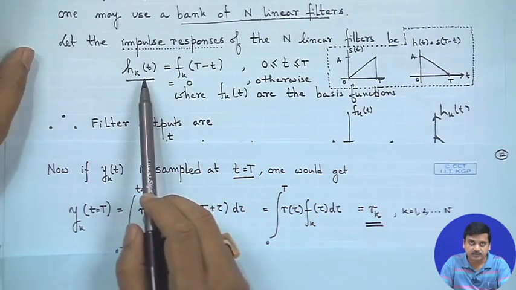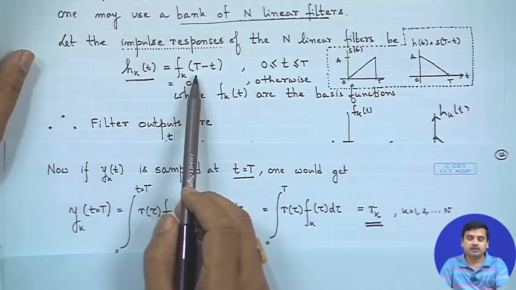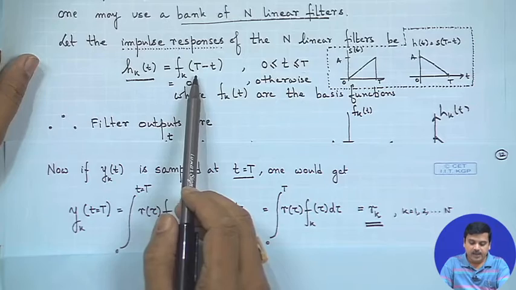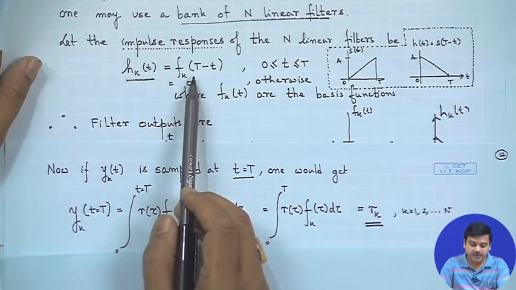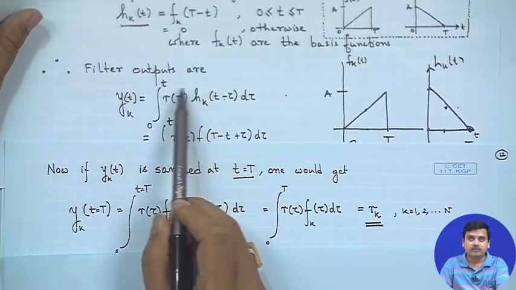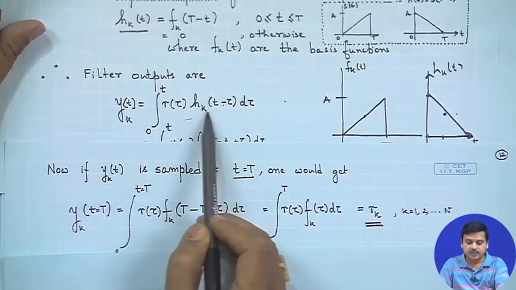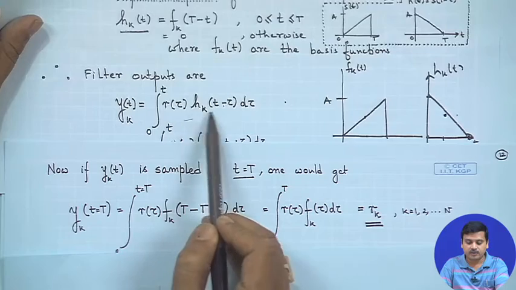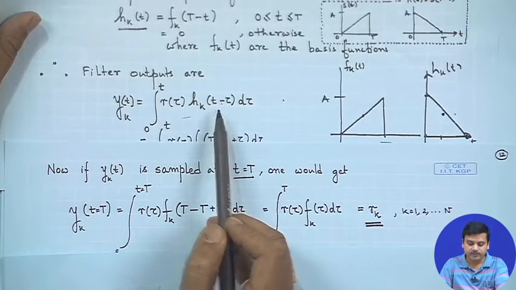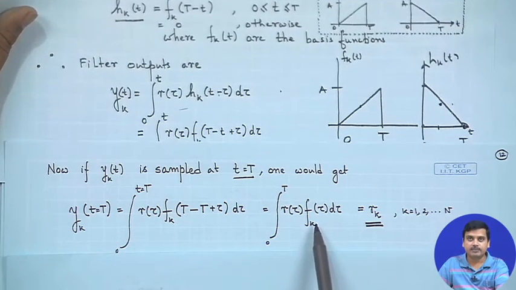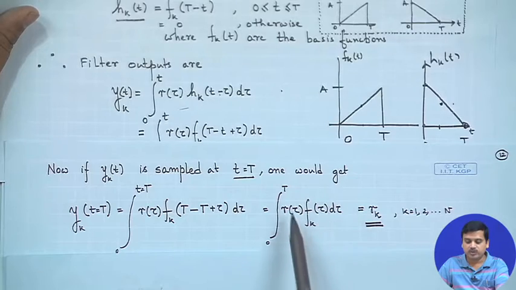Now, this is not very surprising at all, simply because what we have done here is we had assigned hk as the flipped version of fk, and if you think of it as a filter, then the filter requires a convolution operation. In the convolution operation, there is again another flipping. So, because of this double flipping, it turns out to be the same as the correlation with the basis function.